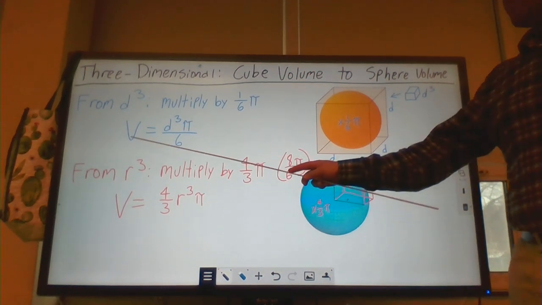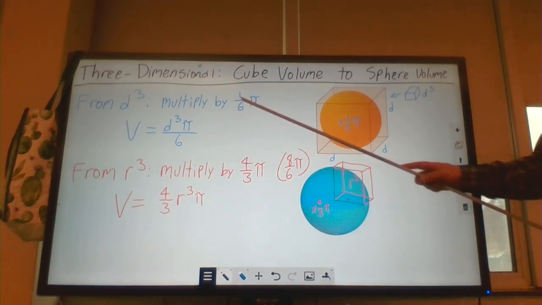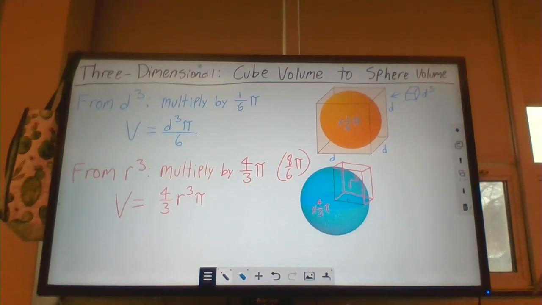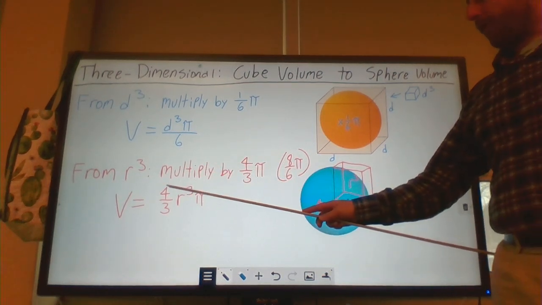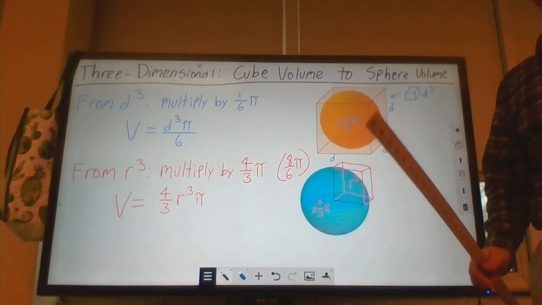Therefore, our volume formula could be considered d to the third power times pi divided by 6. Alternatively, if we're starting with a radius cube, the formula is 4 over 3 times the radius cube times pi.